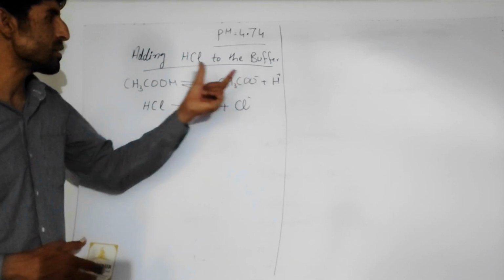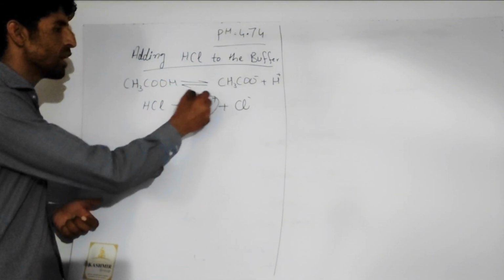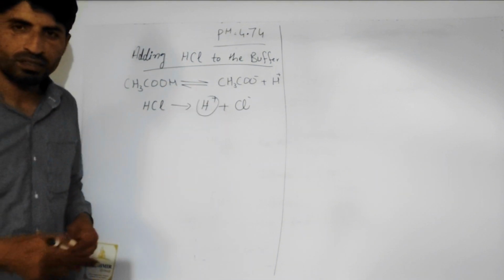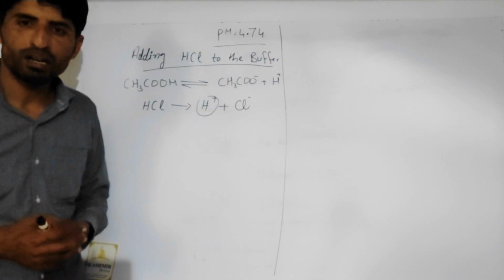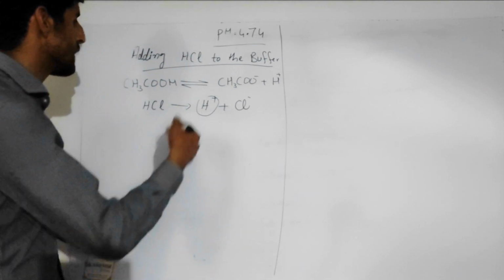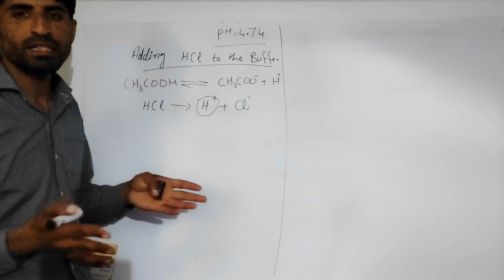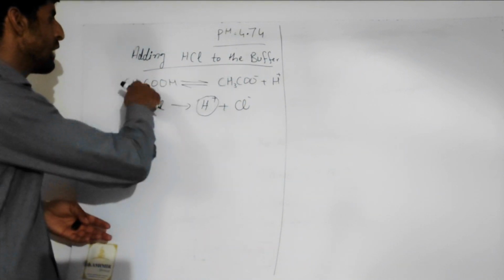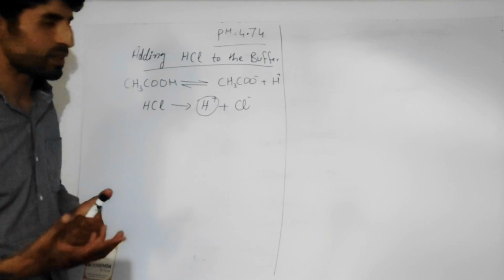Due to the presence of the buffer solution, when this hydrogen ion comes in contact with the buffer solution, having the acetate ions of the salt, it will react with the salt and acetic acid will form again, restoring in the undissociated form of acetic acid.